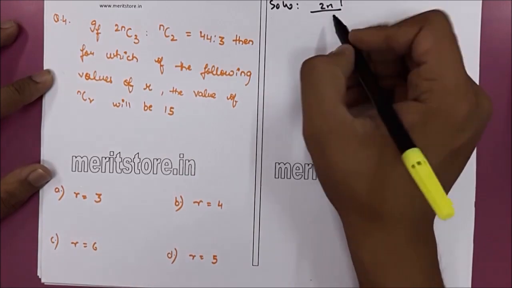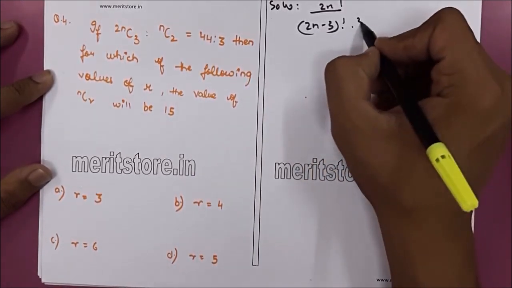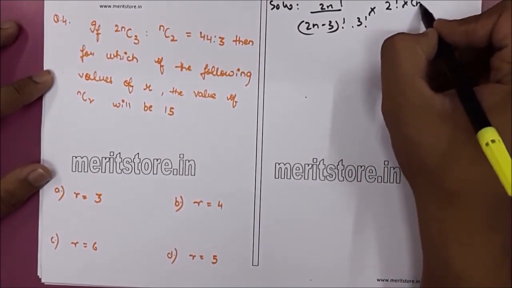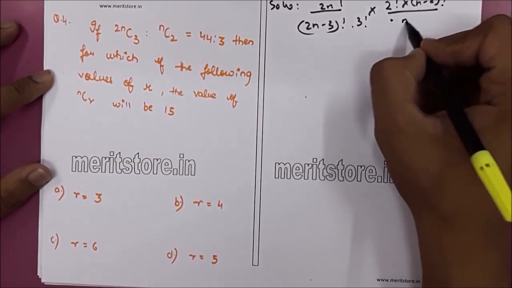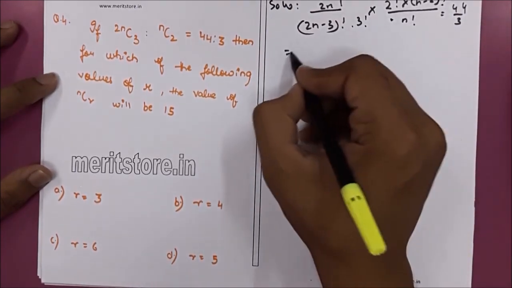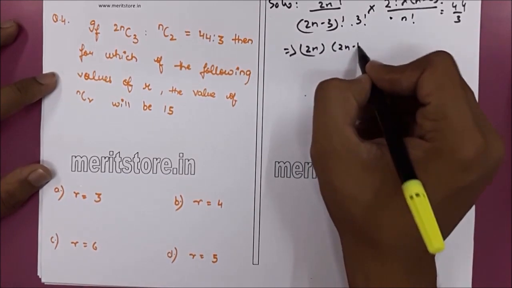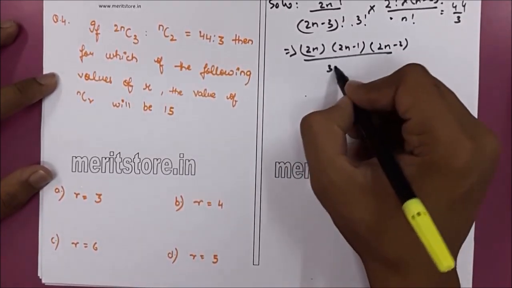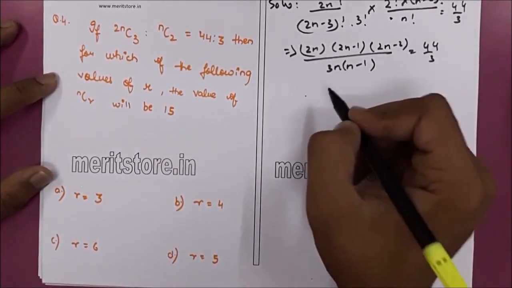2n factorial upon (2n minus 3) factorial into 3 factorial, into 2 factorial into (n minus 2) factorial upon n factorial is equal to 44 upon 3. Therefore, (2n minus 1)(2n minus 2) upon 3n(n minus 1) is equal to 44 upon 3.